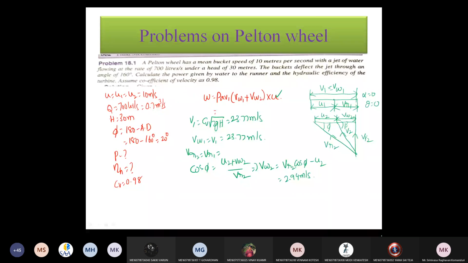Roll number 6 gave 186970 Newton meter per second. Sir, VW2 value is 1.925, sir. 2.94 is correct.